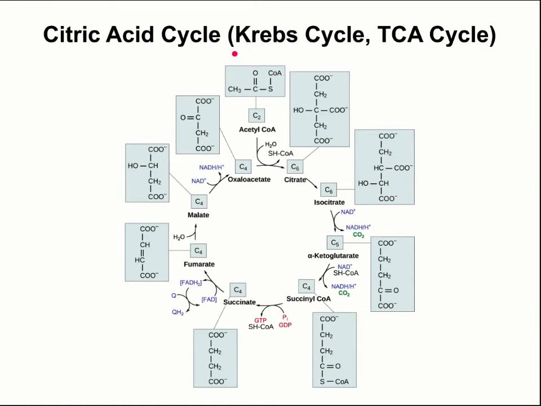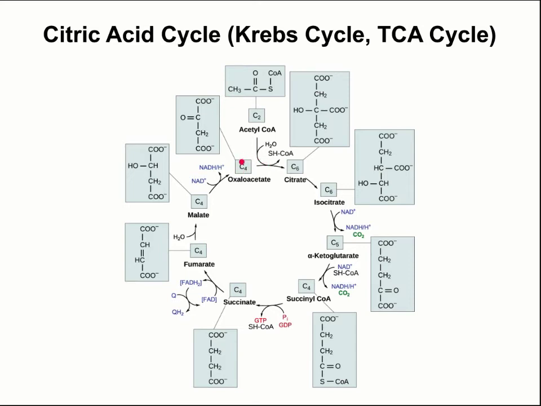Let's start at the top and you'll see acetyl-CoA, the product of the previous step, pyruvate oxidation. Remember that CoA carries 2 carbon molecules, acetyl. So CoA is taking these 2 carbon molecules and dropping them off in the citric acid cycle. Then it will go back and get 2 more carbons, which will also add to the cycle. The 2 carbons of acetyl-CoA are added to a 4-carbon molecule.